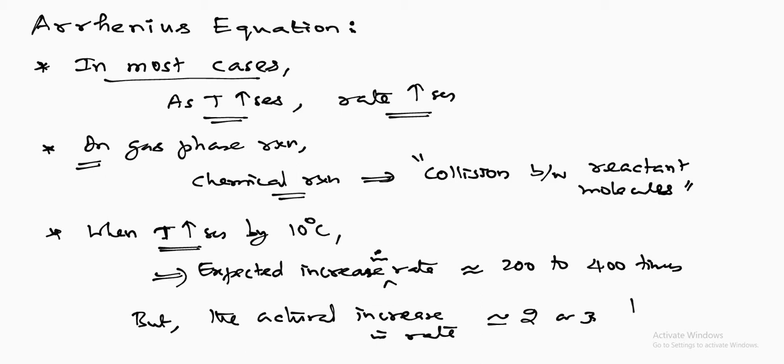This surprising result made the scientists think about other factors, if at all any factors are available, and how those factors affect the rate of the reaction. So people started to think in that direction.